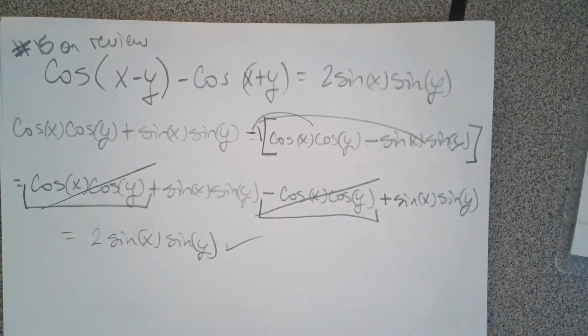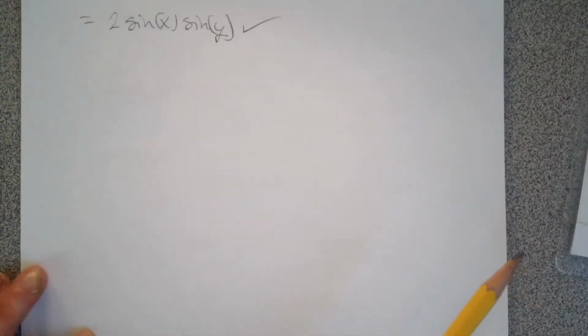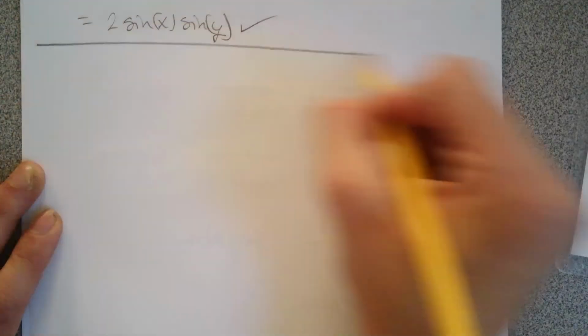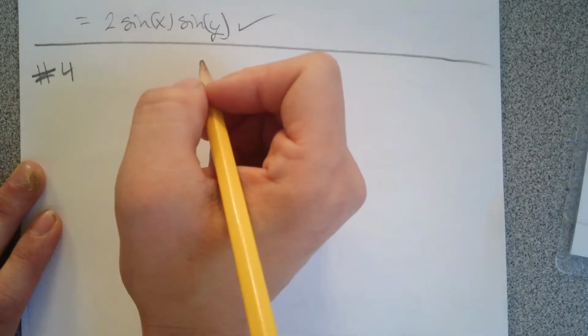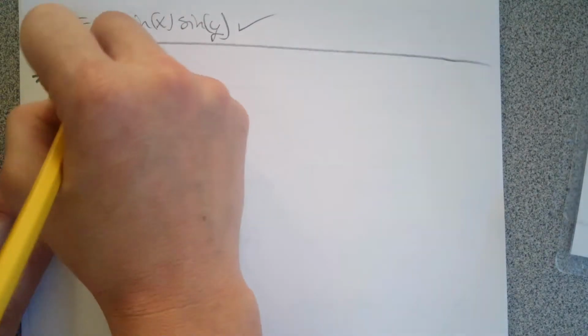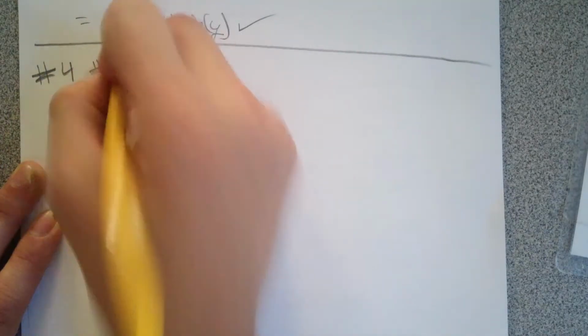It's the triangle. What number is it? Number 4 on homework 8? Yes. Triangle.